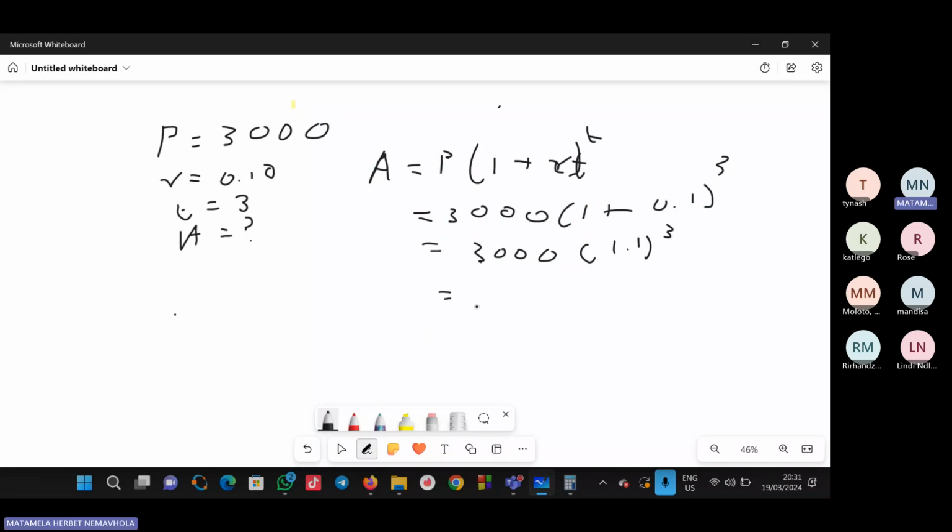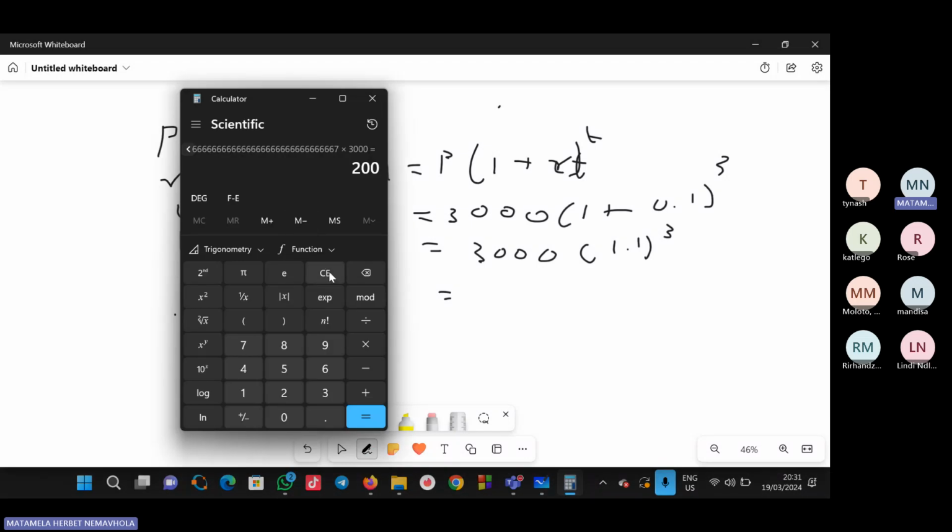So if you work it out, you can use your calculator. Let me try to use this scientific calculator. Let me hope it's going to work. It's 3,000 in brackets 1.1 close brackets. We say to the power. Where is power here? I know it's this one. No, this one is squared. I should have pressed that one there.